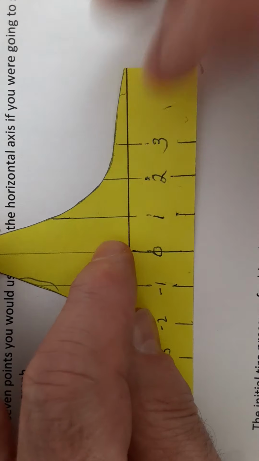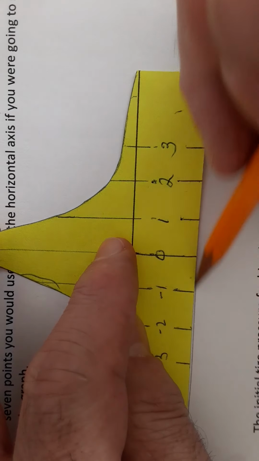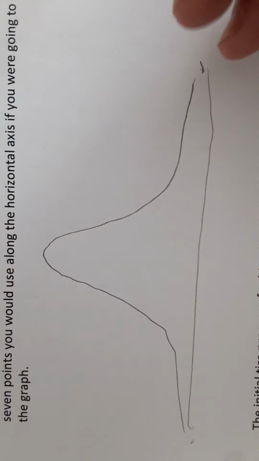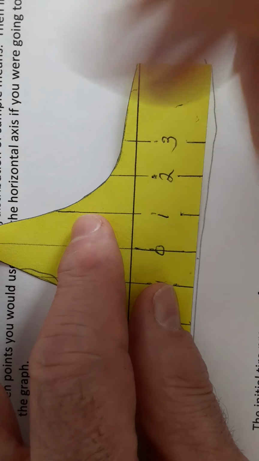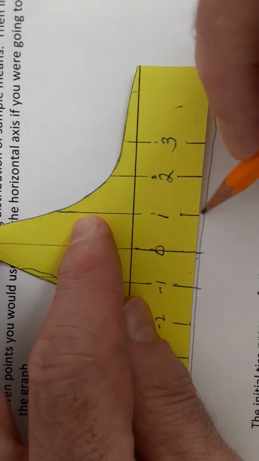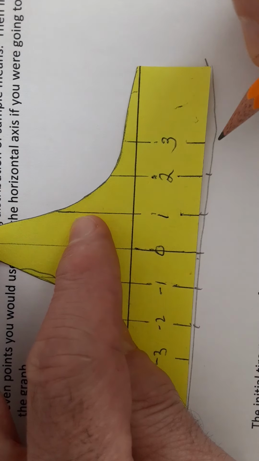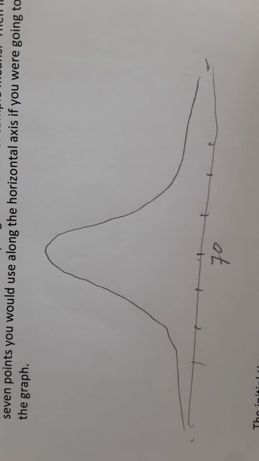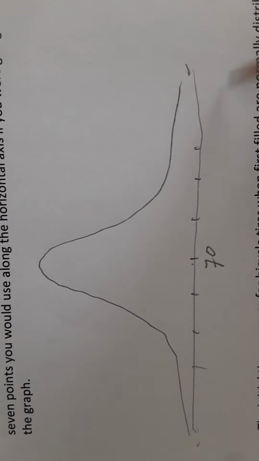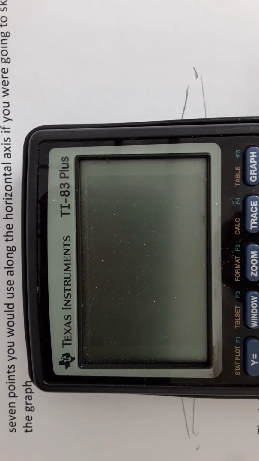I'm going to get this set up, crooked lines and all. So, a quick sketch: we have the mean and standard deviations. Now what's my mean? 70. That's going to go right down the middle. Now I need the other data, so I have to figure out what the other data is going to be.